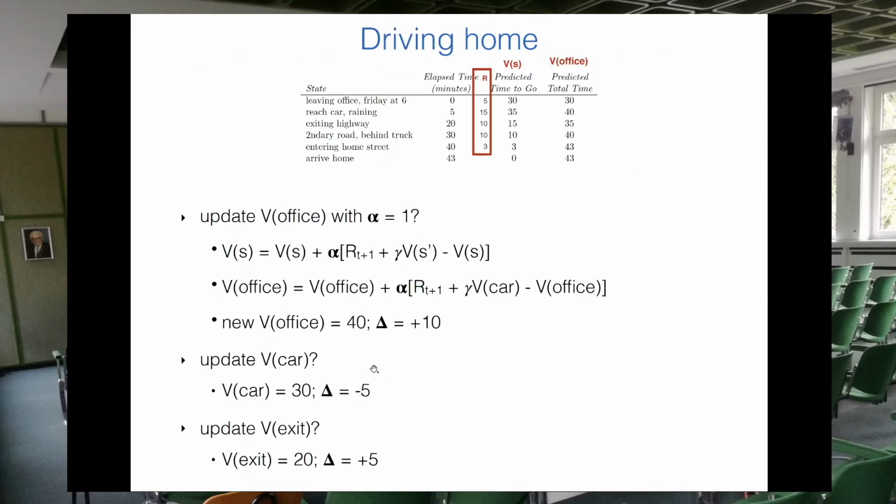That's why the delta for car is going to be minus 5. So if the previous value was 35, 35 minus 5 is going to be 30. And we can do the same with exit. In exit we have the current value is 15, the next value is 10, and the reward is 10. So 10 minus 15 is minus 5. Minus 5 plus 10 is going to be 5. So the delta is plus 5. So if we previously had 15, 15 plus 5 is 20.